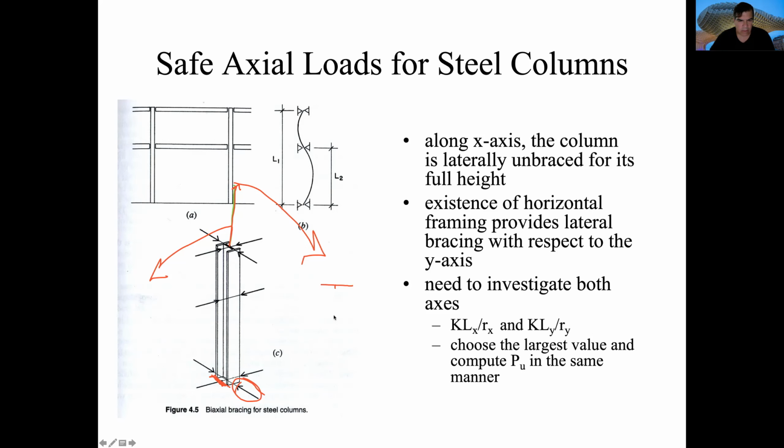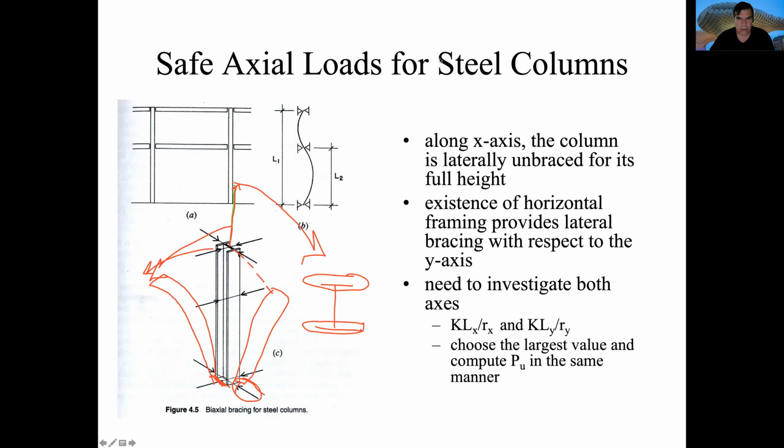Because we have an I-beam, there is more steel in the top and in the bottom. Therefore, it will be difficult for this column to bend in this sense and become something like this. It will be easier to bend in this side and become something like that.